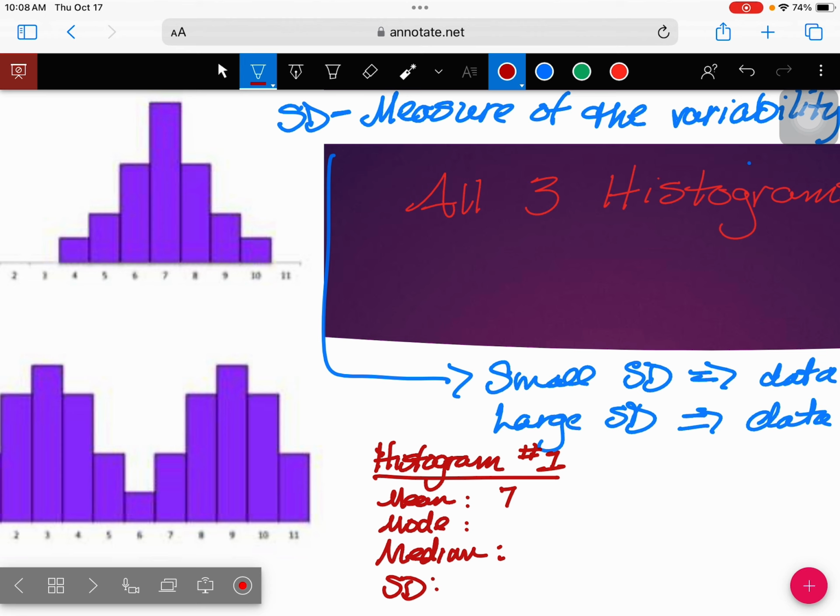You think the mean is 6? Why do you think it's 6? You added up all the numbers and divided by 11. Yeah, 11.